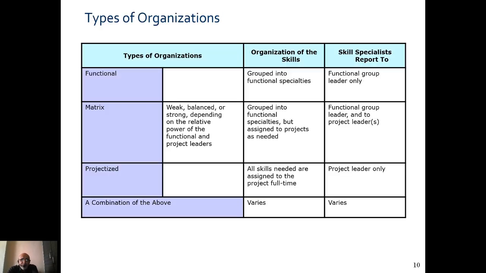So we have got four types of organizations. One is functional, then is matrix, then is projectized, then is the combination of all the above. So just see to it in the functional, grouped into functional specialties. Functional groups are the leaders only.